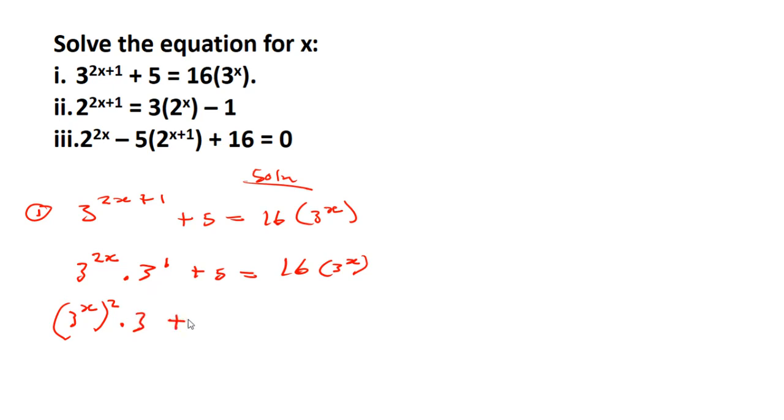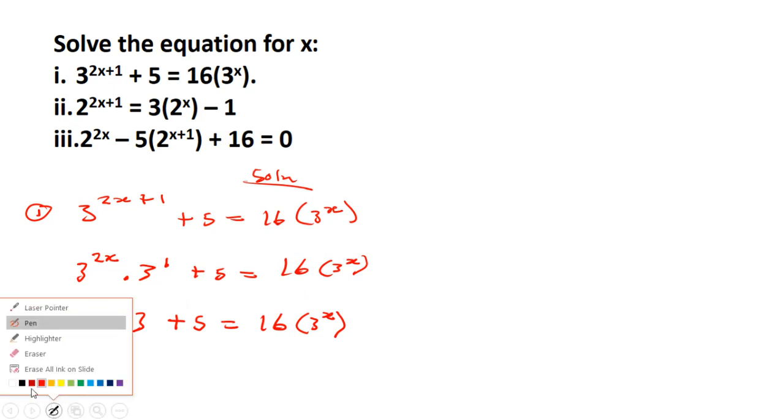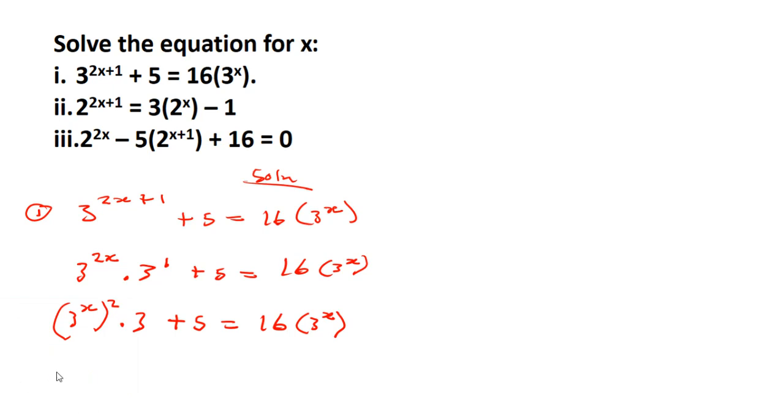Then we can say plus 5, and this should be equal to 16 times 3 to the power x. So if you look at this, you need to understand that there is no other way we can solve this expression apart from looking for a variable and making it equal to 3 to the power x.